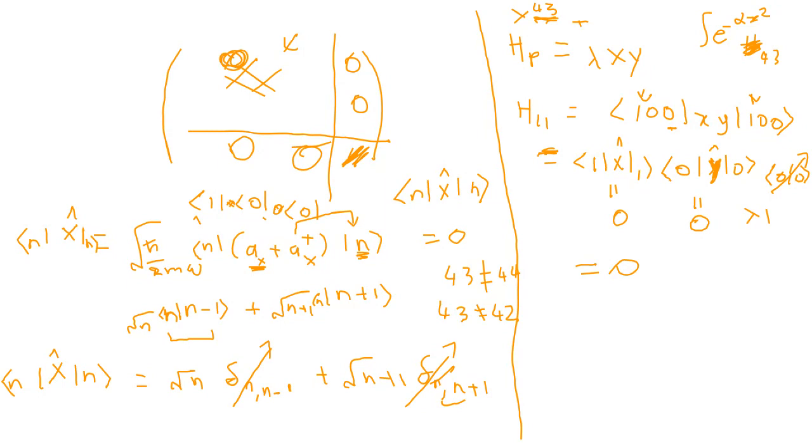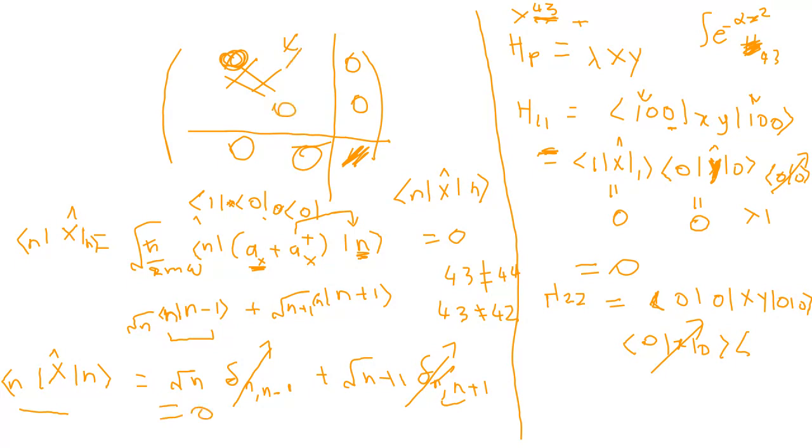And you can check H22. H22 will give you, I chose it to be (0, 1, 0), x, y, (0, 1, 0). So you end up with 0, x, 0. Again, this is automatically 0 because of this statement here.